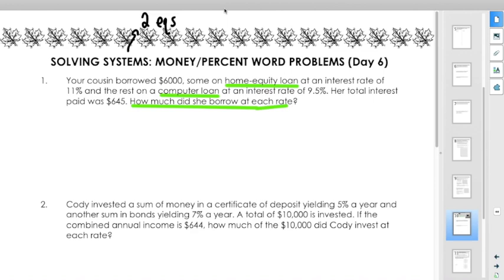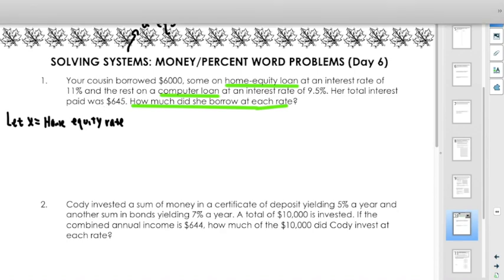Okay, so for a question like this, I'm going to set up let statements. I want to know what is my x and what is my y, because now it's a little bit more confusing when I'm using rates. So I'm going to let x equal my home equity rate. Or, nope, not the rate. Sorry, guys.